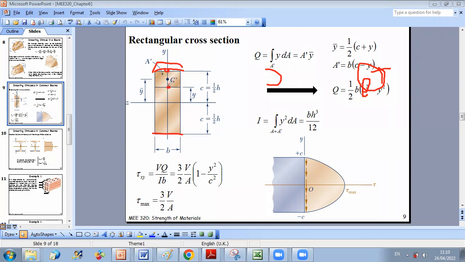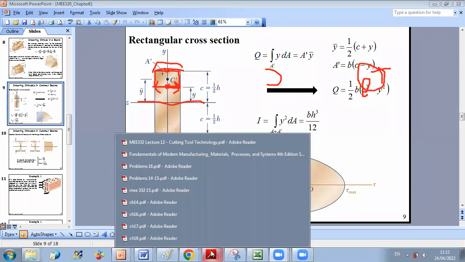And if I take any other point, I should compute what this area is and what its first moment about the neutral axis is. I should determine the thickness at the cut in order to get the corresponding shear stress, where the shear stress is given by VQ over It. So we will use all of this knowledge from the different chapters in order to be able to determine at a certain point the state of stress.